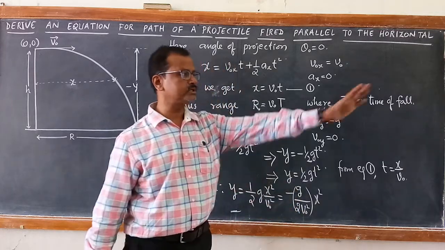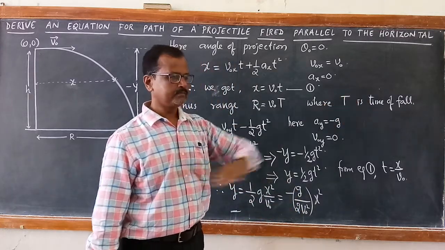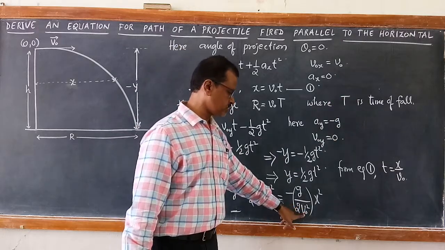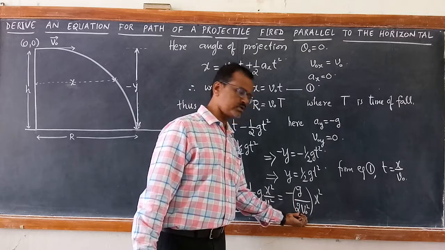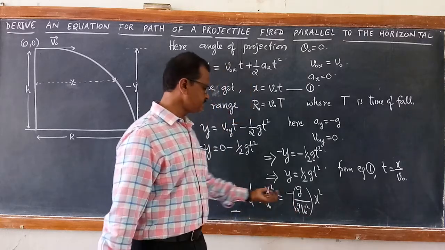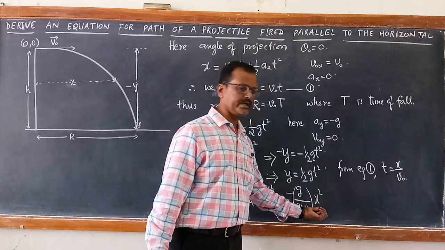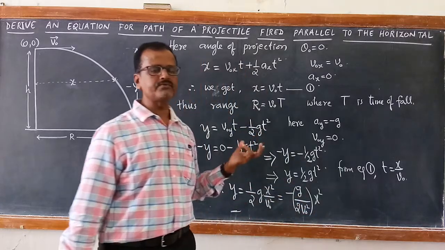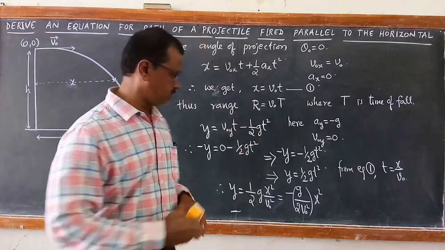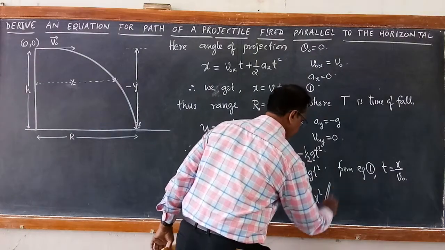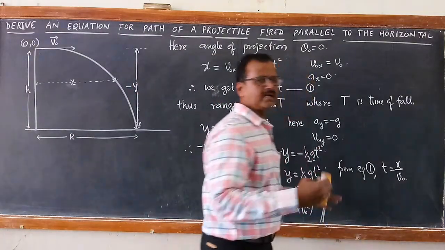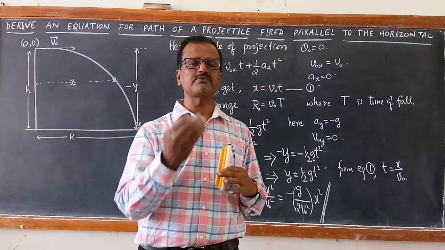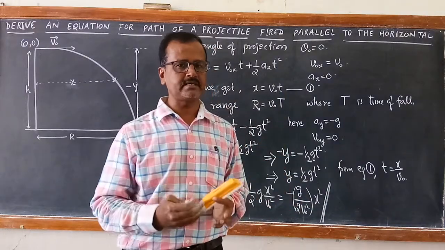V naught is the velocity with which the projectile is thrown, so v naught is also constant. So g by 2 v naught square, the entire thing, becomes constant. So y is equal to minus this constant into x square. This is also an equation of a parabola. Therefore, the trajectory is a parabola. Trajectory means the path. The path traversed by a projectile is called the trajectory.